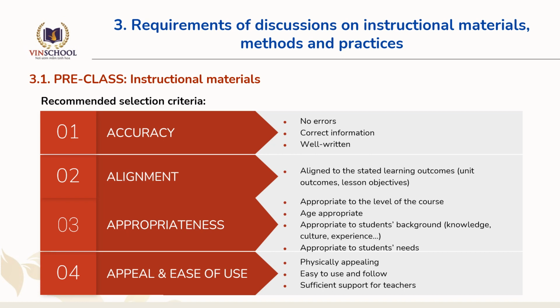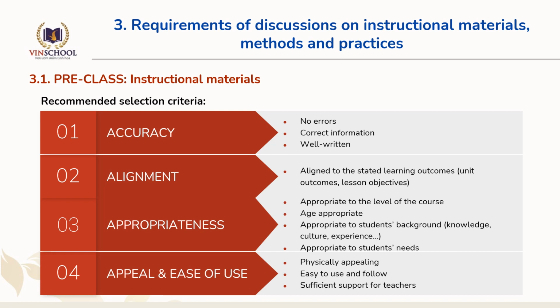Appropriateness: appropriate to the level of the course, age appropriateness, appropriate to students' background, knowledge, culture, experience, etc., and appropriate to students' needs. There's a subtle detail in this. Materials that meet the above criteria about appropriateness are more likely to boost learner engagement than those that do not.